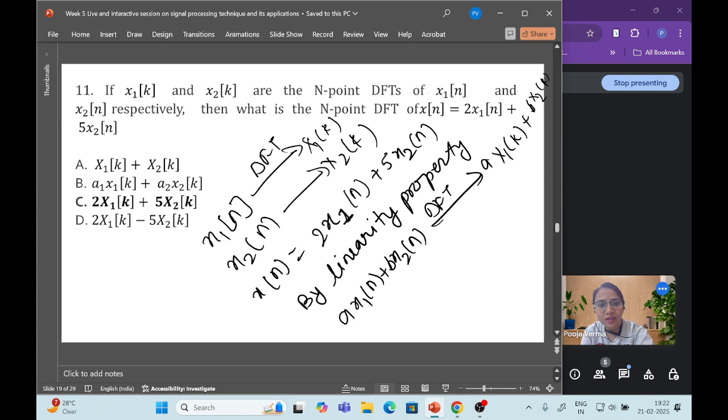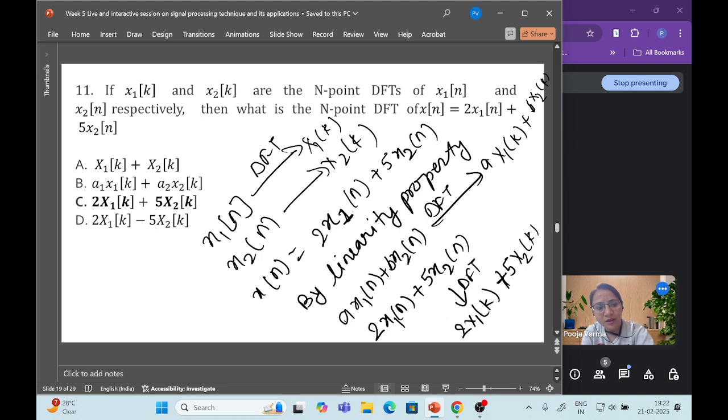Similarly, it is the same. So 2 is equal to a, that means a constant, and 5 is b. The DFT of 2 x1 of n plus 5 x2 of n will be 2 X1 of k plus 5 X2 of k from the linearity property. So option C is the correct answer for this question.